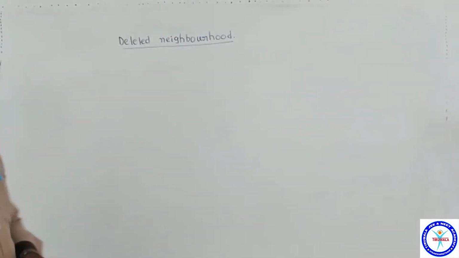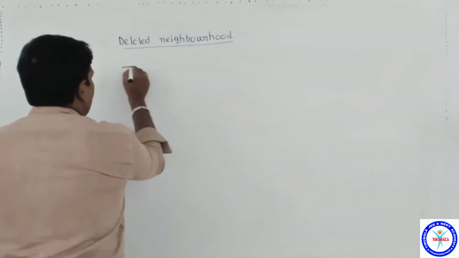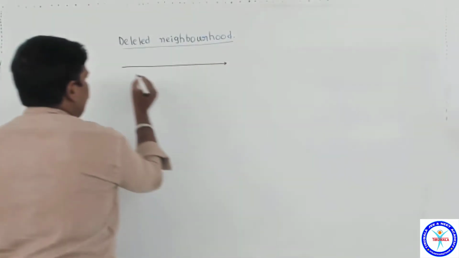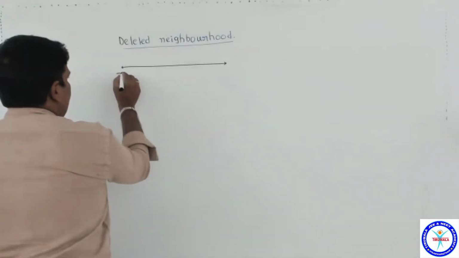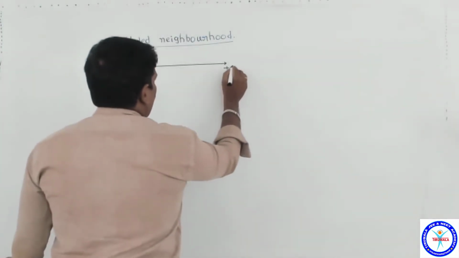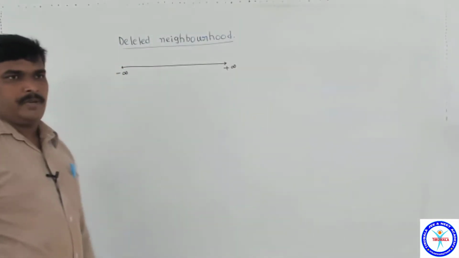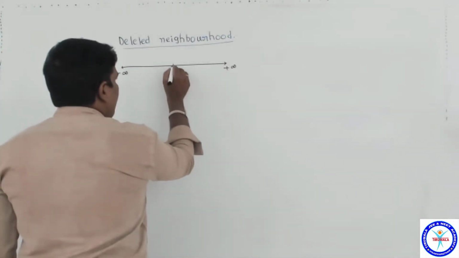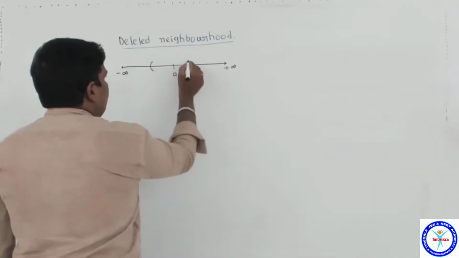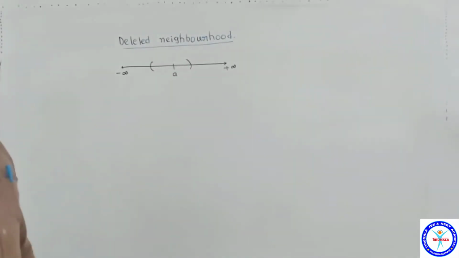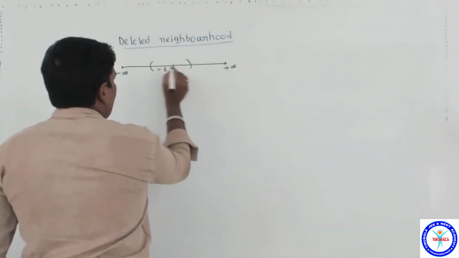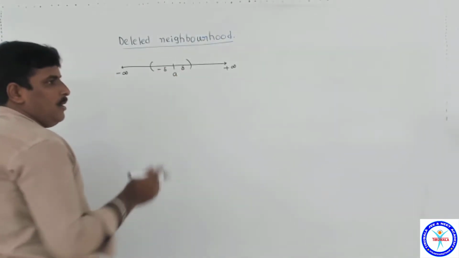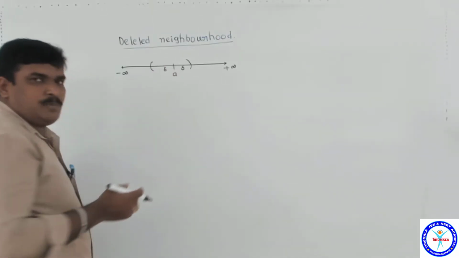Deleted neighborhood. So deleted neighborhood means, if you take a real line, this is minus infinity, this is plus infinity. If you take a point A, then select the points from minus delta distance to plus delta distance. Delta is positive.